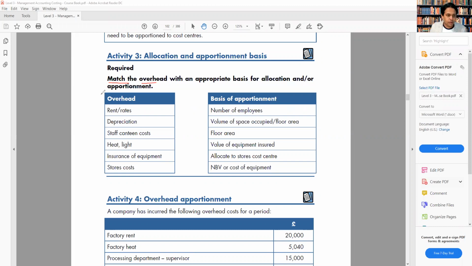We have some overhead cost here, and we have the basis of apportionment. Let's have a quick look. Just look 10 seconds on the question and think what could be the possible most suitable basis for the apportionment.